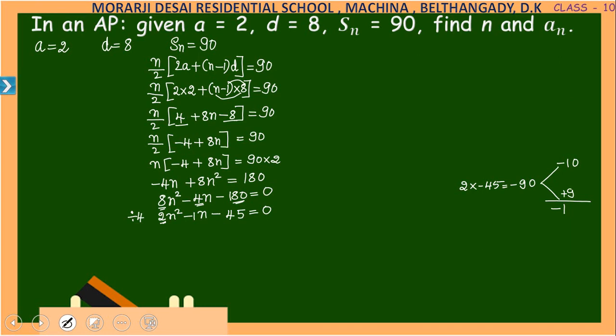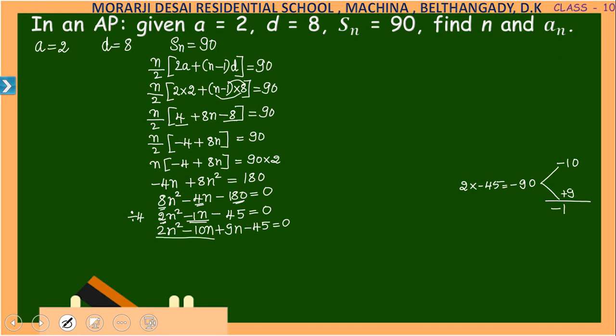So the two numbers are minus 10 and plus 9. So 2n square minus 1, we have to split this. We have to write minus 10n plus 9n minus 45 is equal to 0.